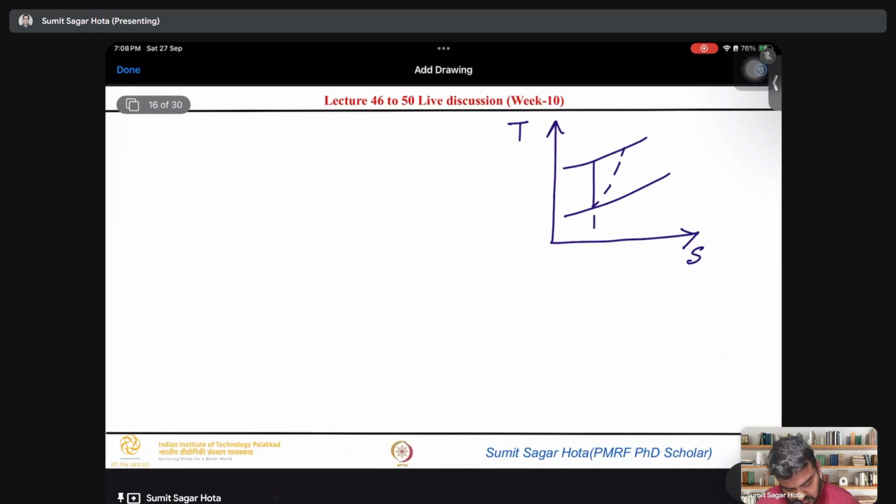This is 1, this is your 2 dash, this is 2. This is T1, the T1, T2 dash and T2. Okay, so let's consider process 1 to 2 dash.